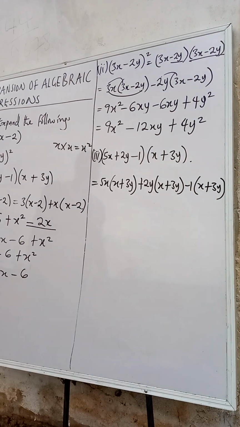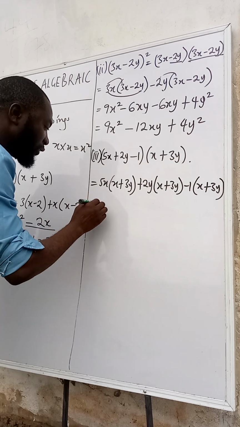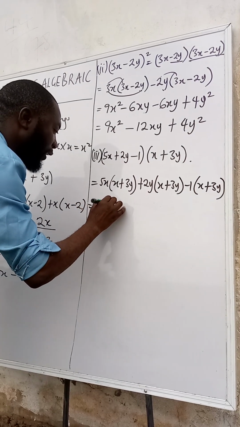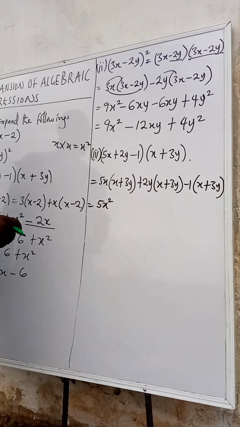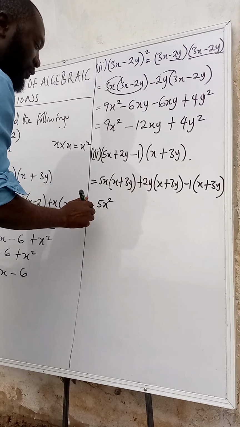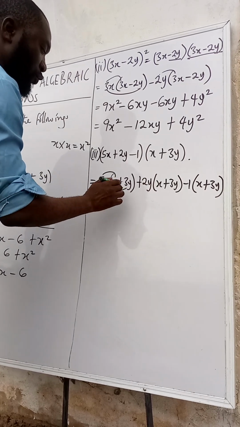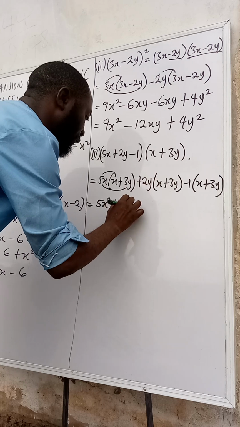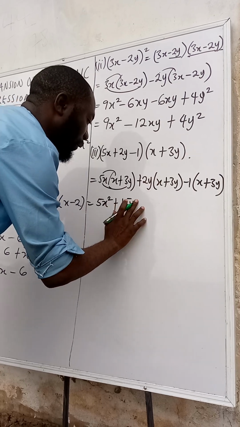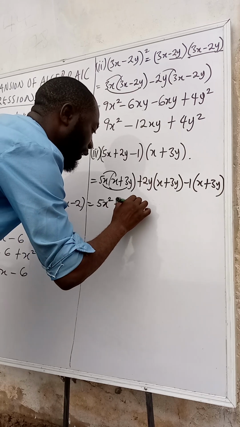Now let's open the bracket the usual way. 5x times x, that is 5x squared. 5x multiplied by 3y, so we have 15xy. 5 times 3, 15. x times y, xy.